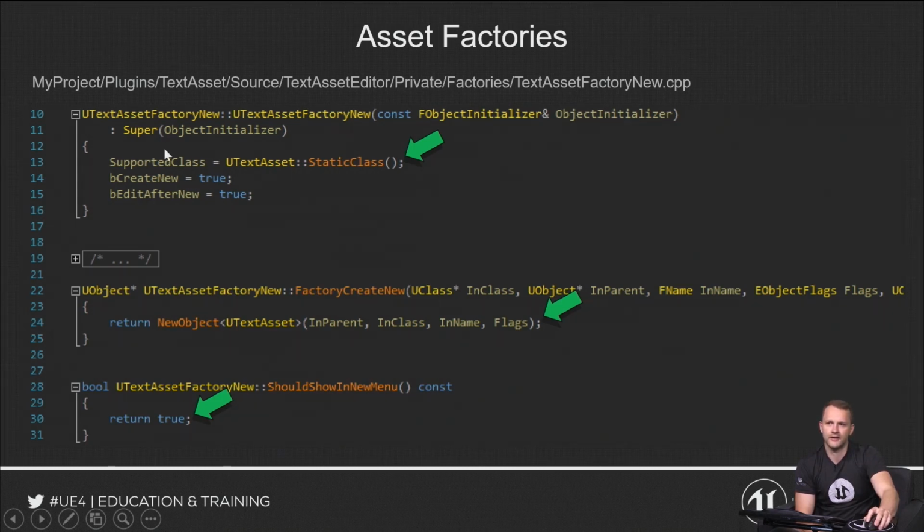We need to tell the editor that our factory supports assets of type uTextAsset. And we also got to tell it that this factory will create a new instance rather than drag and drop. And we also want to be able to edit the name of the asset after we created it.